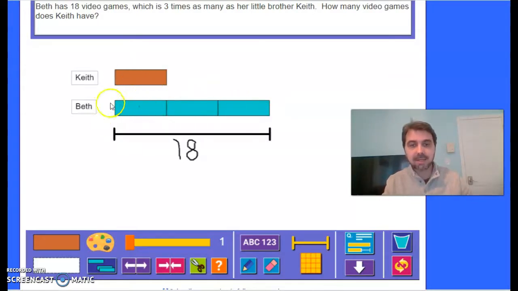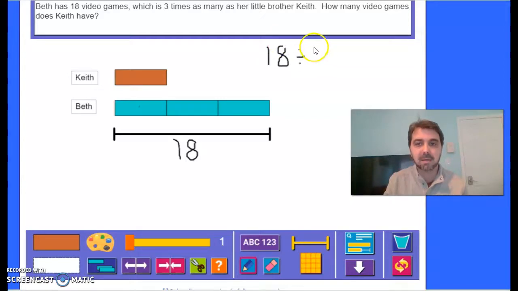We know this is 18. So we can see here that we are actually taking 18 and dividing it into 3 equal pieces. So we're thinking like 18 divided by 3 equals what?